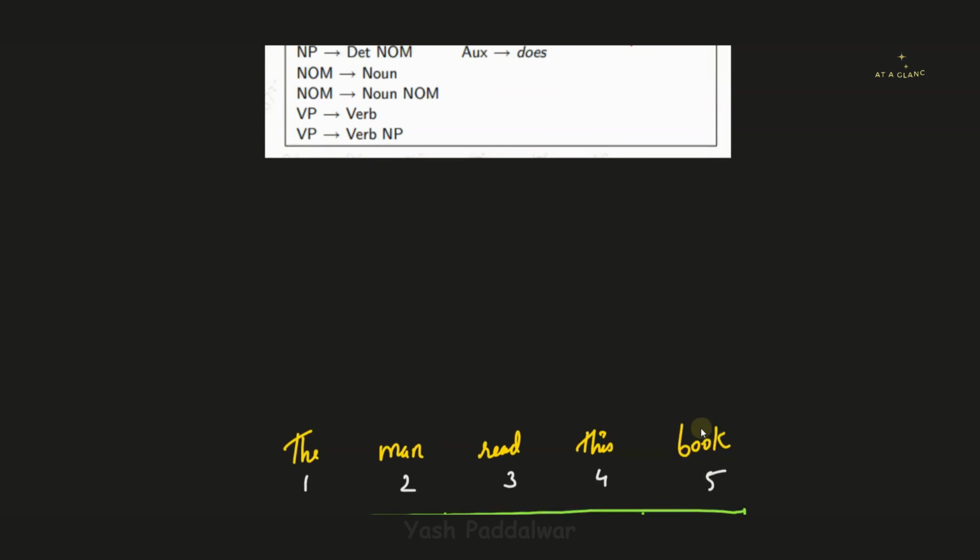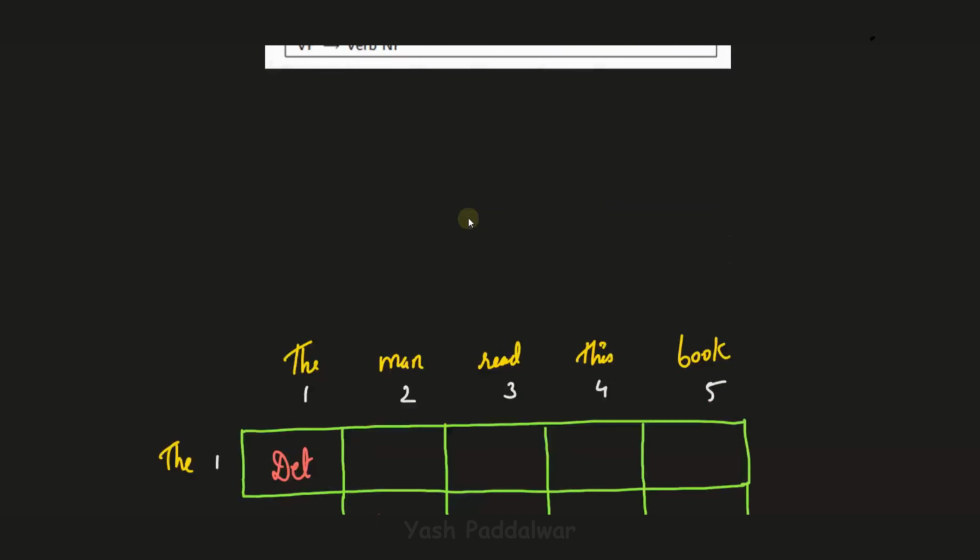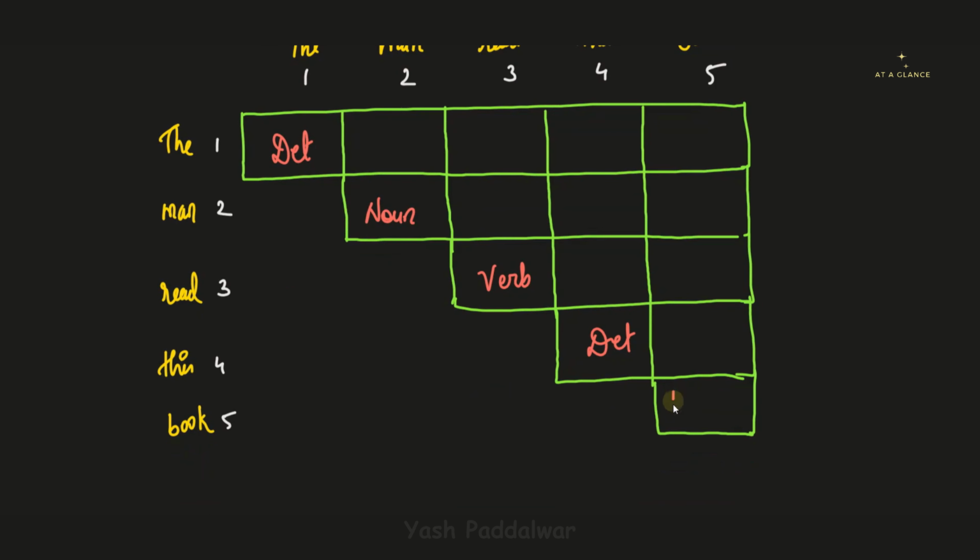You can see book comes under two rules: the first is noun and the second is verb. So we have to write both, noun as well as verb.